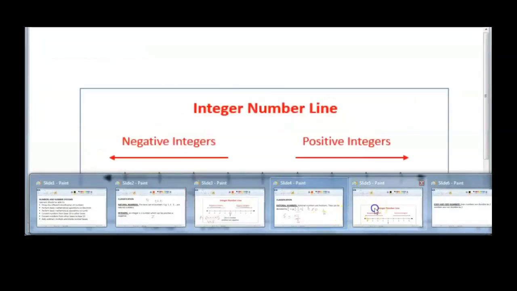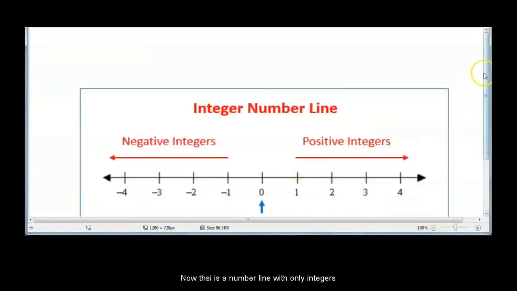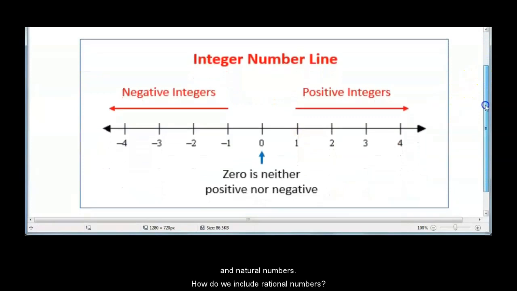So now this is a number line with only integers and natural numbers. How do we include rational numbers? Rational numbers occur between any two integers.